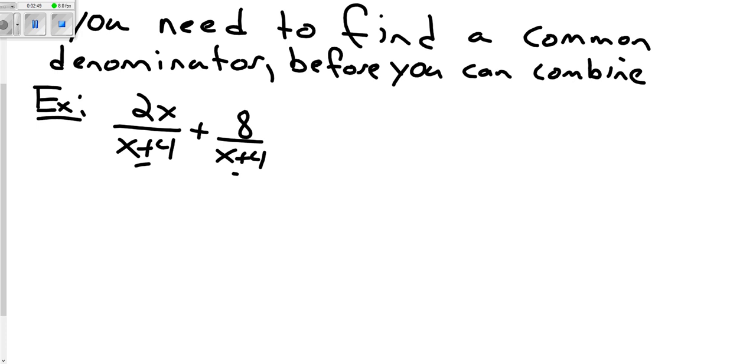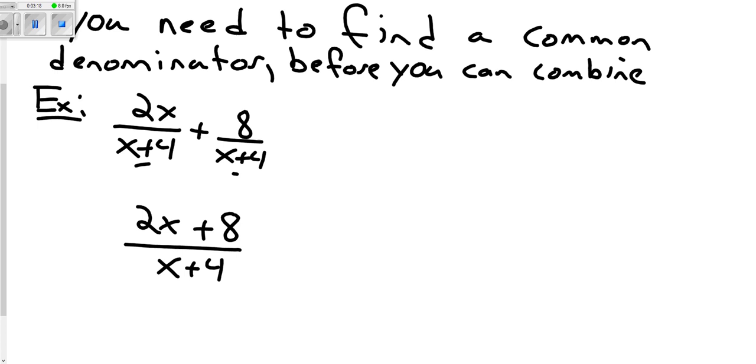That's the first step. If it's yes, you combine things. So when it's a common denominator, you can write everything over one denominator. So it looks like this: 2x plus 8 all over x plus 4. Because remember, when you add fractions, do you add the denominators together? No, right? So you can just write it over that.